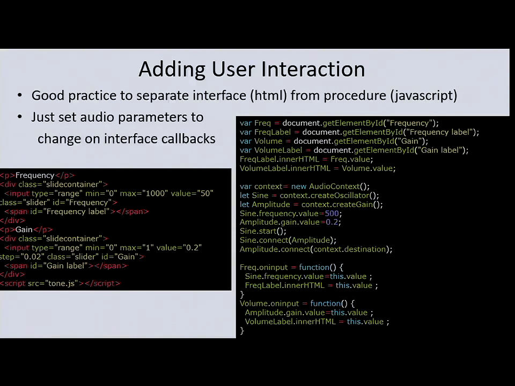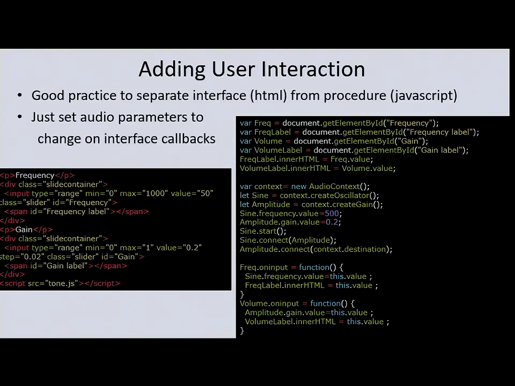It's good practice whenever using JavaScript and the Web Audio API to separate the interface, so the HTML code, from the algorithm itself, the JavaScript, so two files. So we have one where here I'm just using default things built into HTML5 for your user interface widgets.